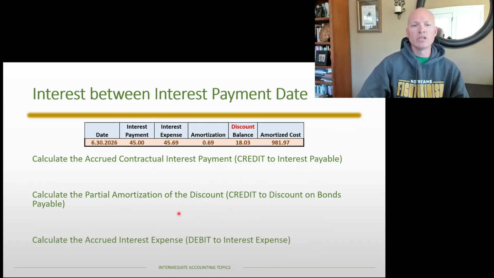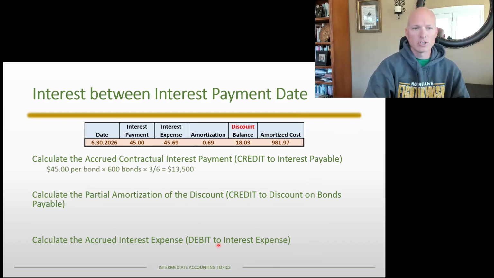And then finally, we do need to accrue the interest expense. Again, a full 6 months is $45.69 per bond. But of course, this is only 3 of those 6 months, but we would still debit the interest expense for whatever that amount is. And so for our first calculation, accruing the interest payable, again, $45 per bond, 600 bonds, 3 out of 6 months, because January, February, March is 3 months.